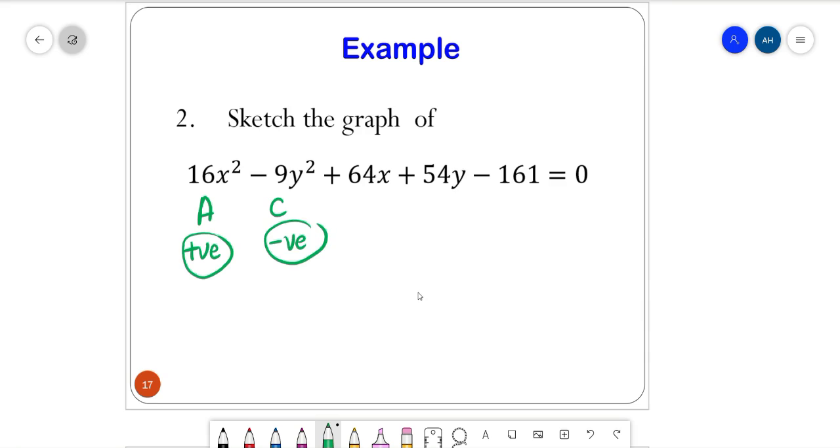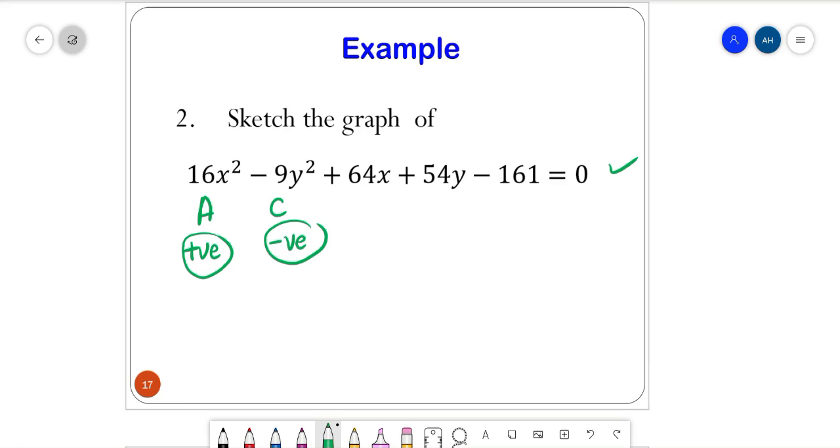That means that this equation represents a hyperbola, because we already mentioned if A and C have different signs, one positive and the other negative, then the equation represents a hyperbola, not a parabola, not a circle, and of course not an ellipse. That's the only information that we know from this general equation.